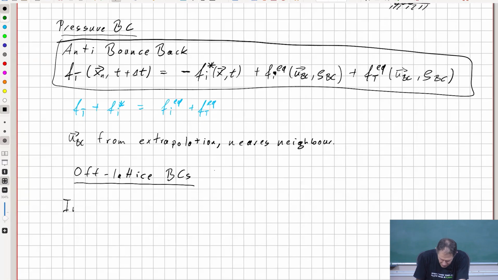This is then based on the bounce-back method, so interpolated bounce-back. And the first person coming up with these things was Bouzidi, and the paper of Bouzidi et al. in 2001.